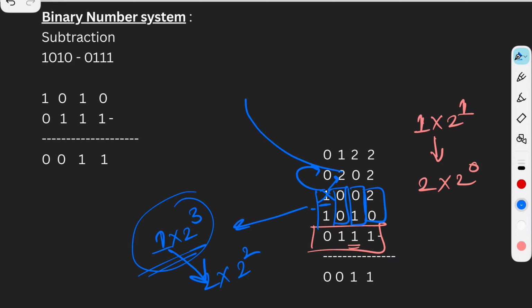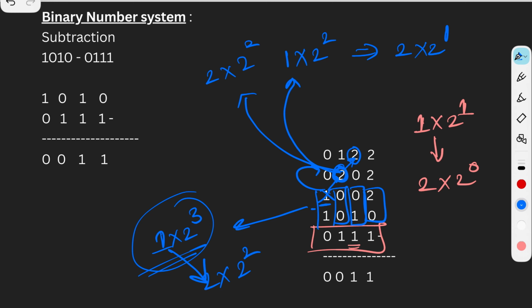Now 2 here has value of 2 into 2 to the power 2. We are going to take away 1. So the value of 1 at this particular location is going to be 1 into 2 to the power 2. This I can write it as 2 into 2 to the power 1. So 1 at this particular location can be converted to 2 if we transform to the right side, right?